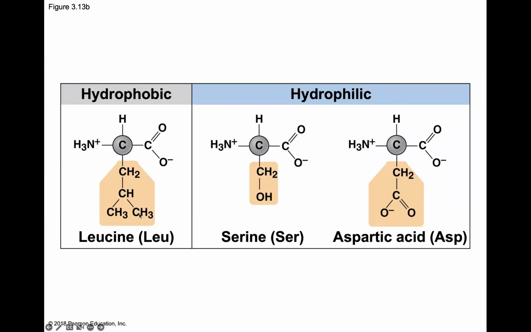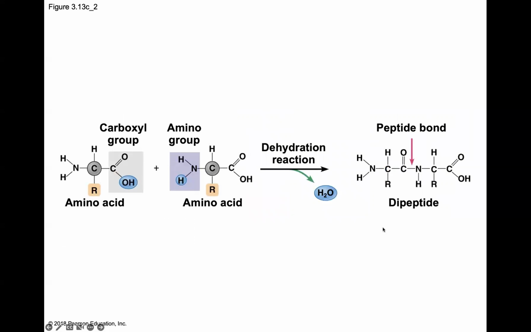We've got leucine here as an example of a hydrophobic amino acid, and over here we've got some examples of hydrophilic amino acids, serine and aspartic acid. These are some examples of the 20 amino acids that exist in nature. And we have these peptide bonds being formed here as amino acids are linked together.